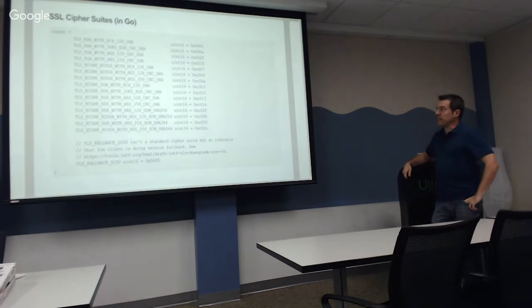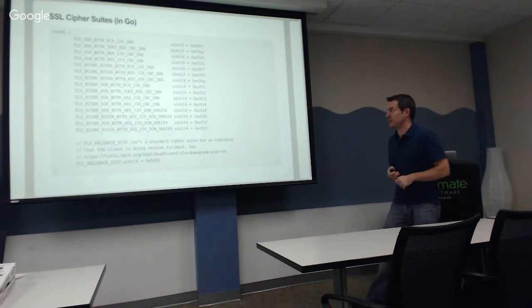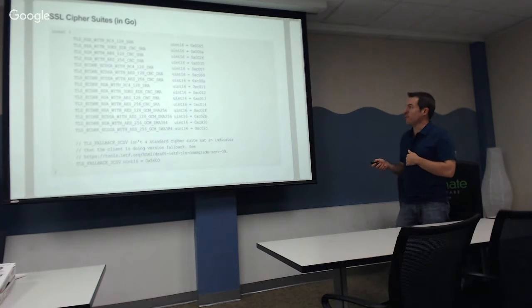So this is the big list of cipher suites, and I actually only just learned what some of these mean. This looks like, oh my god, what does this mean? They're all prefixed with TLS because that's how we do constants in Go. But the first part is the key exchange for the public-private key. And all these E's, that's the ephemeral, Diffie-Hellman.